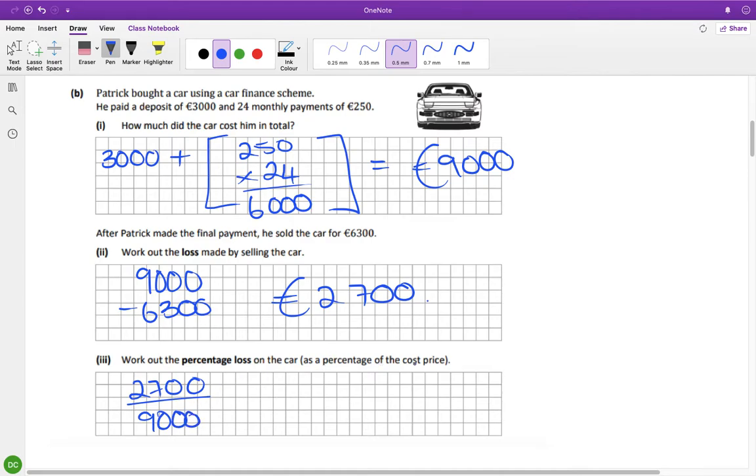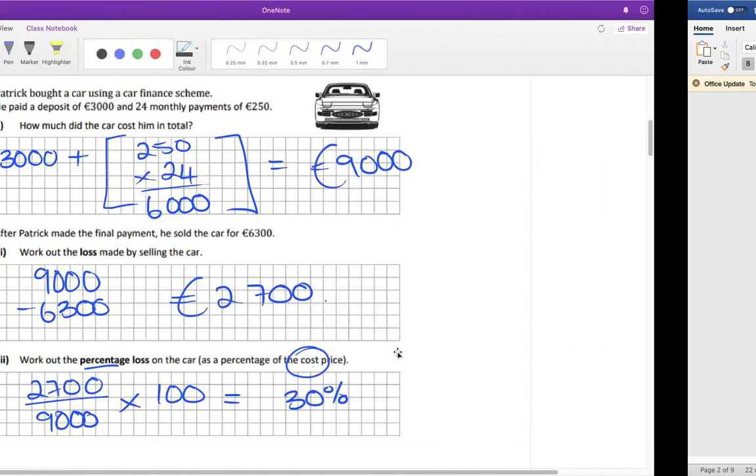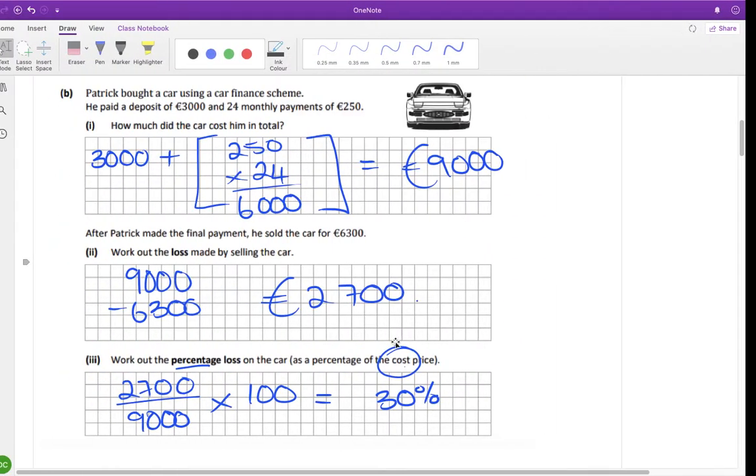As a percentage, we did that up above, you just multiply by 100. So 2,700 over 9,000 multiplied by 100, and I'm getting 30% loss on the car. Yep, 30%. Oh, I didn't check 2,700. Sorry, very bad at checking.